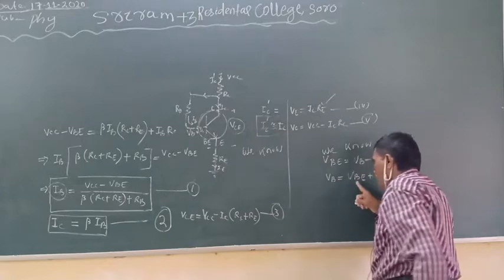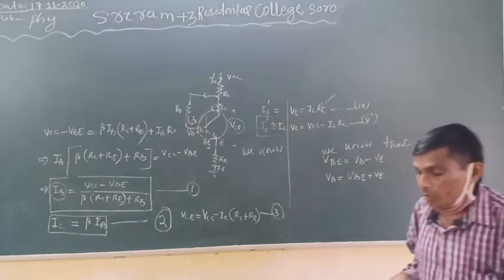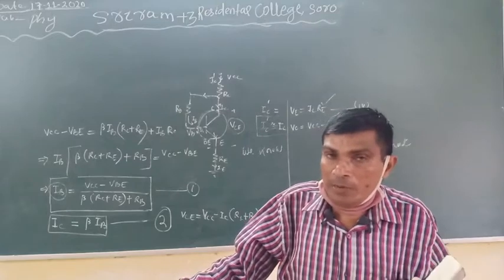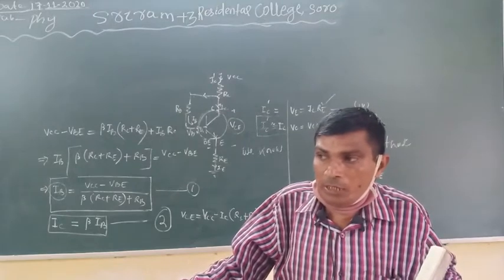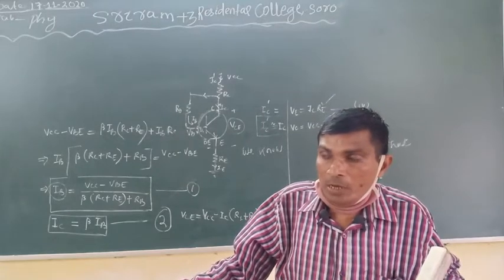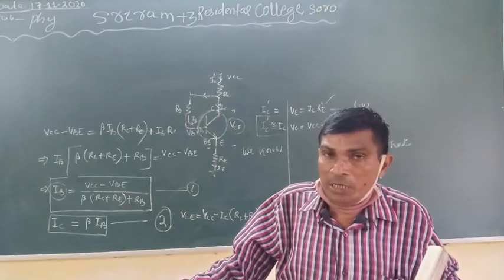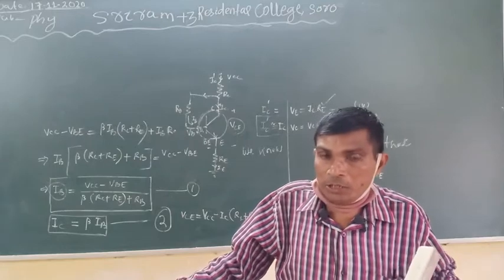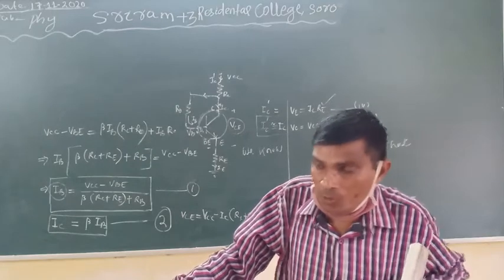Now we know the base emitter junction is a PN junction. Vbe, the base emitter junction voltage of a silicon transistor, is 0.7 volt.